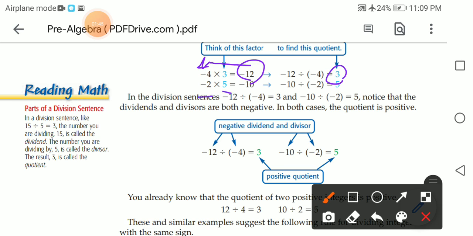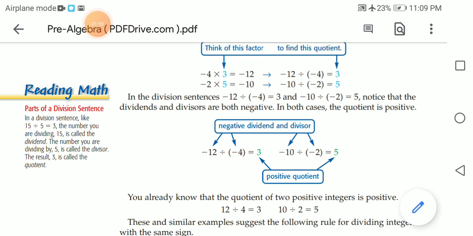Negative 2 times 5, these are factors, equals negative 10. So negative 10 divided by negative 2 gives me a quotient of 5. In the division sentences, negative 12 divided by negative 4 gives me 3, and negative 10 divided by negative 2 gives me 5. Notice that the dividends and the divisors are both negative.